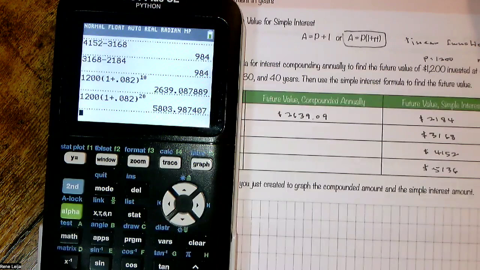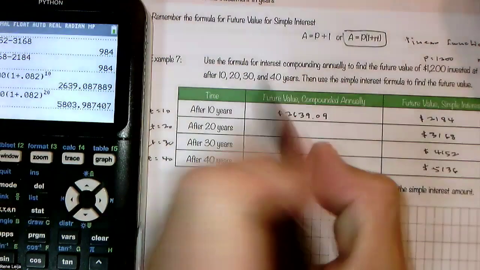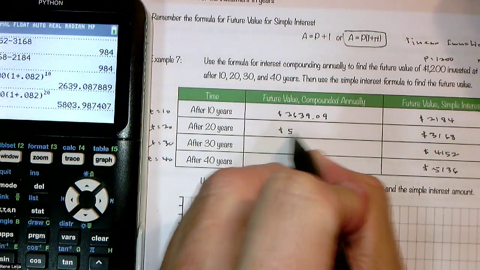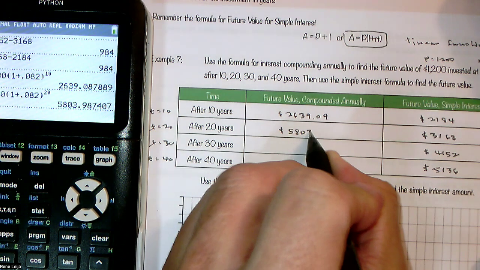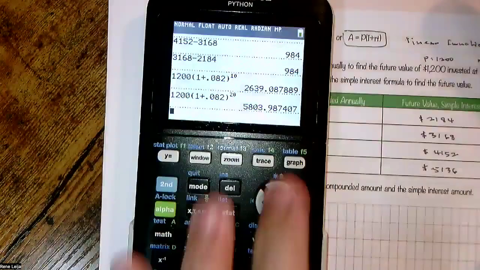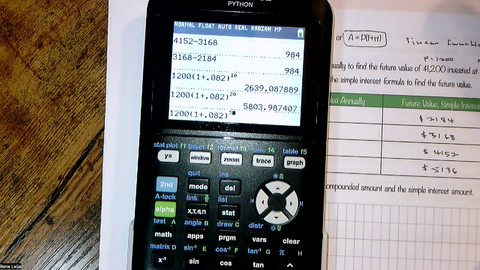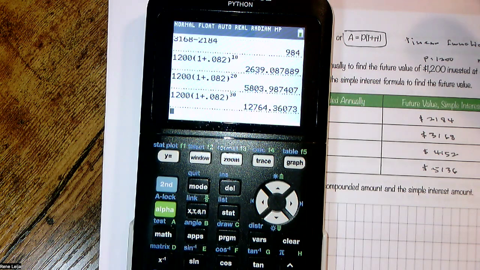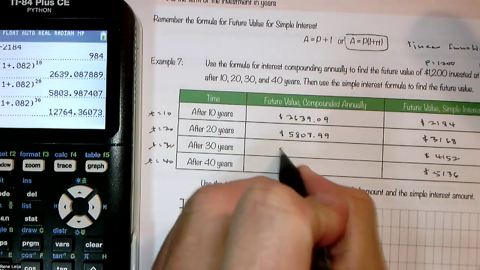So this is $5,803.99. Okay. Now go back up, arrow over, change it to 30. $12,764.36.